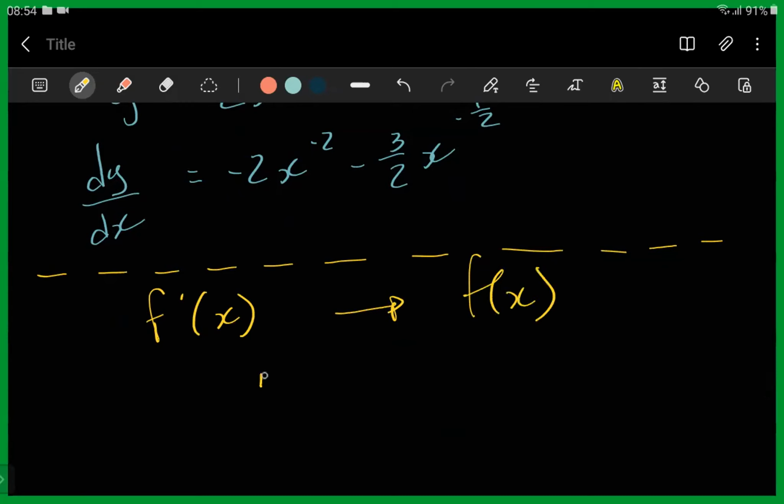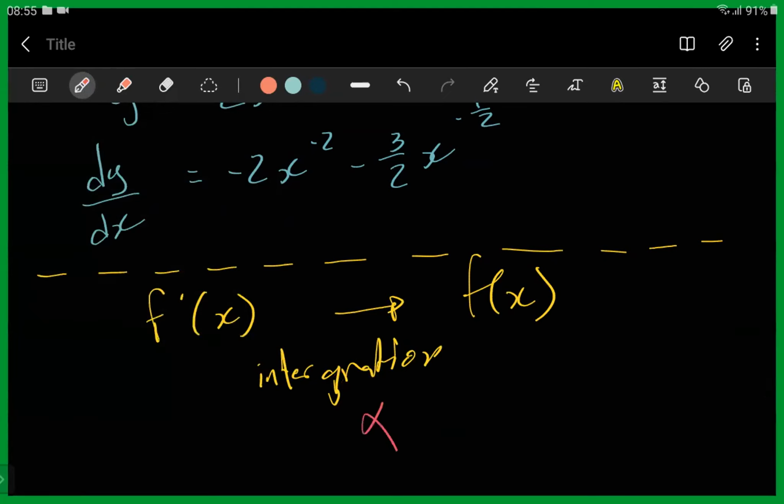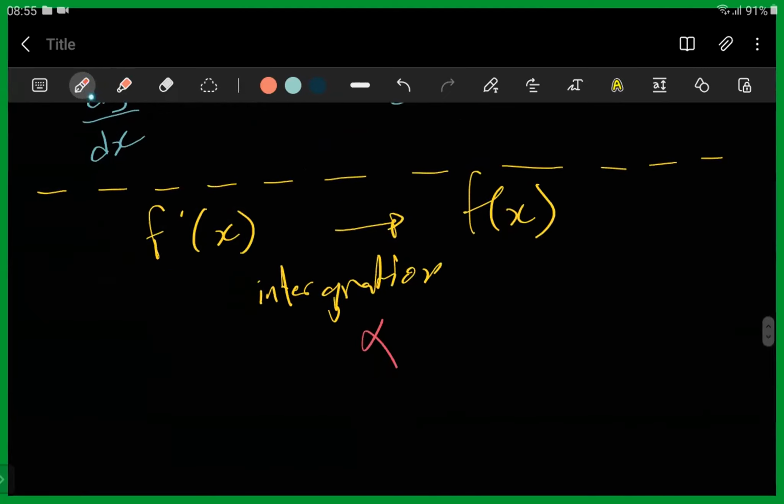This is called integration. You see, this is not within the scope of your syllabus. Not CAPS, not IEB. You don't do integration. Only after this year will you do integration. So the simple answer is no.